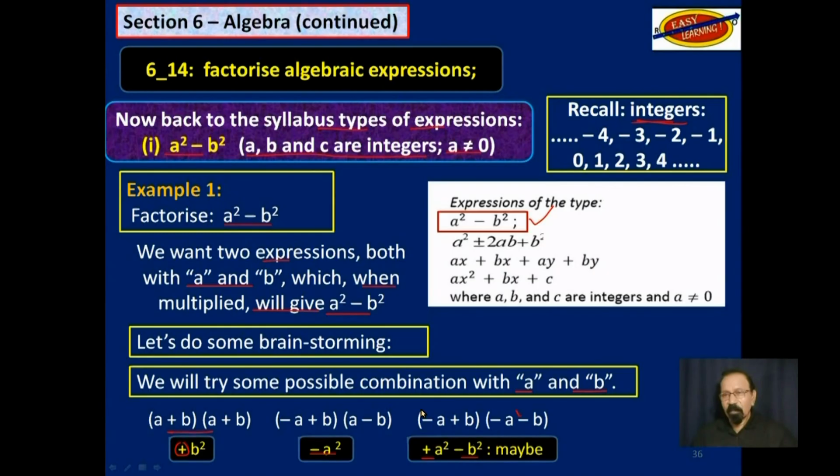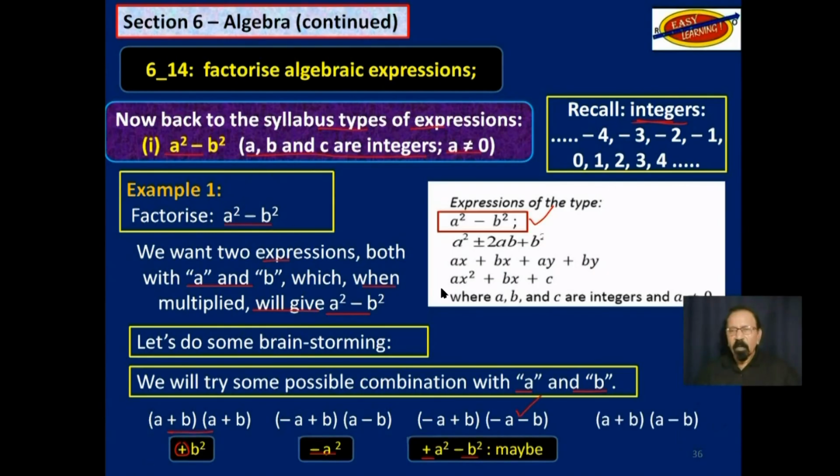So maybe that will work. And if you use this combination, you will also get a positive a squared and a negative b squared. So maybe this will work as well. Now, the thing about it is this one in the middle here, you will hardly see that in any textbook, but it is correct. This is the one that you are required to know.